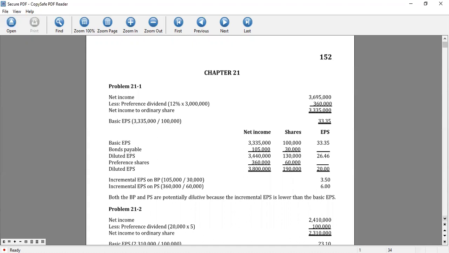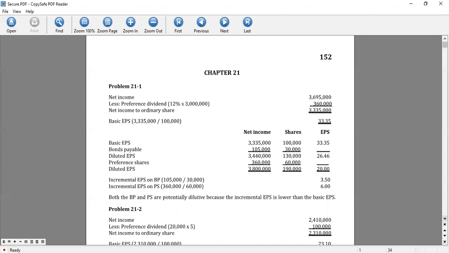During the current year, the entity paid dividends of 5 per share on the preference share. The preference share is convertible into 40,000 ordinary shares. The 9% bonds payable are convertible into 30,000 ordinary shares.